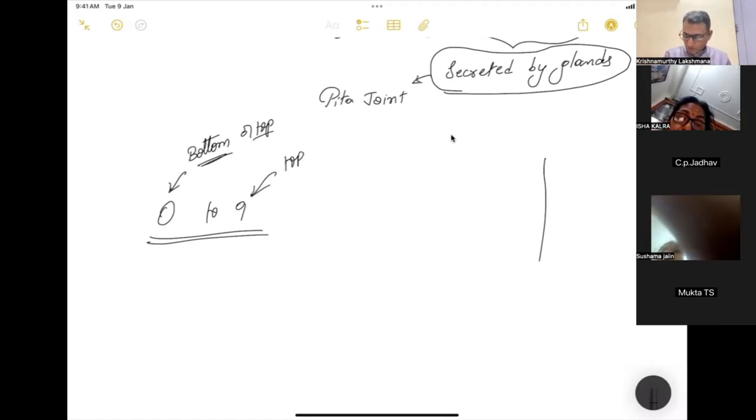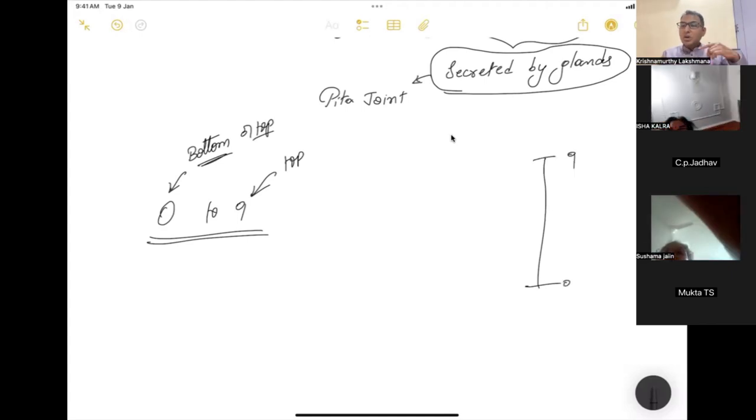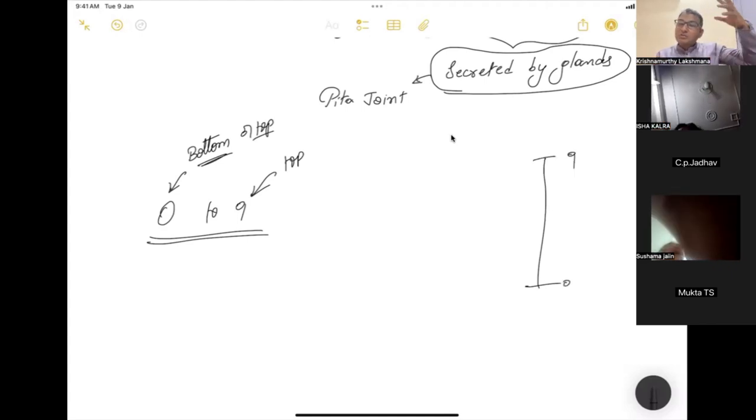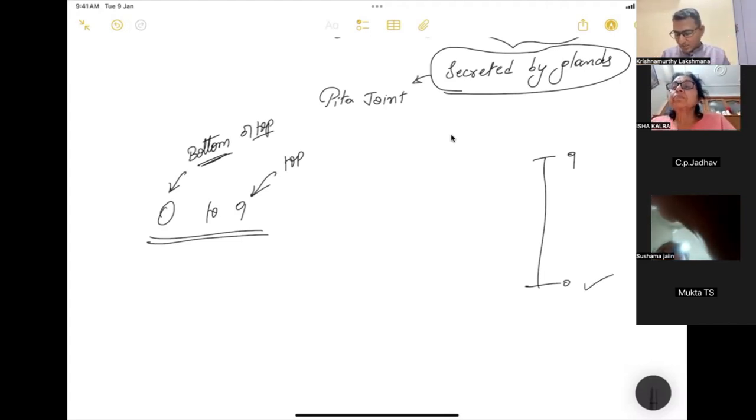So it starts from here, 0 to 9. The location of the glands: 0 and 9 are already taken, so only 2 joints are there, 0 and 9, with no Pitta joint. The other 8 fingers have Pitta joints.